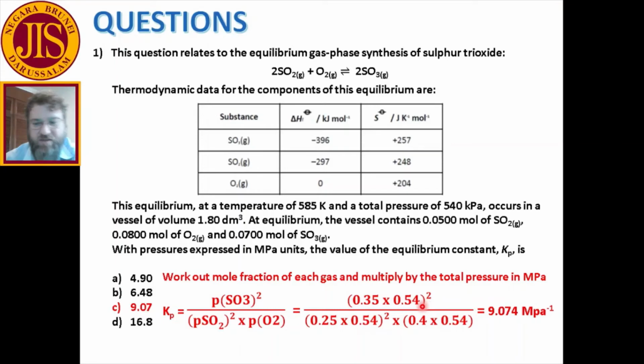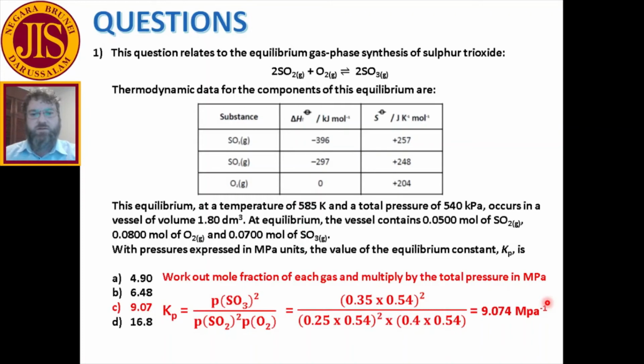It's quite easily done. Anyway, if you get that all right in your calculations, then you'll come up with this value, which you can see is C. Now, the units here, overall, that should be a capital P, by the way. Overall, it's megapascals, and you can see that these two are going to cancel. We're going to be left with 1 megapascal at the bottom, so it's megapascals to the -1.